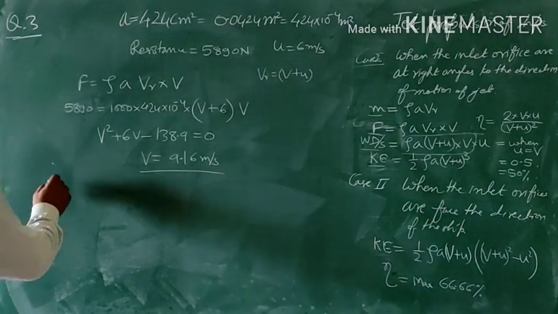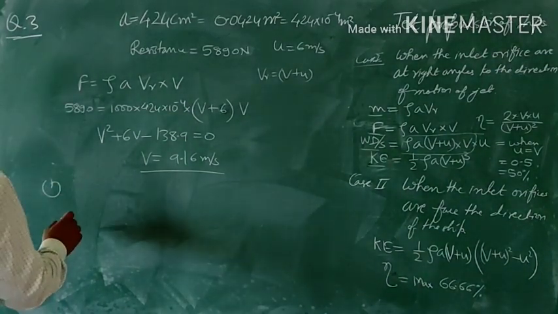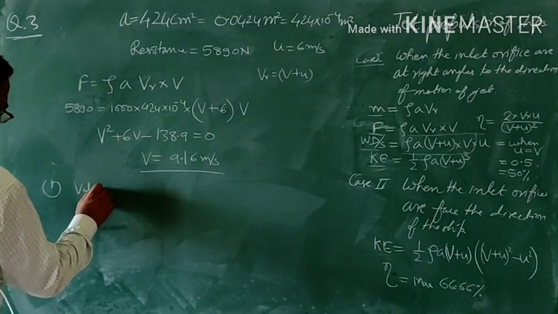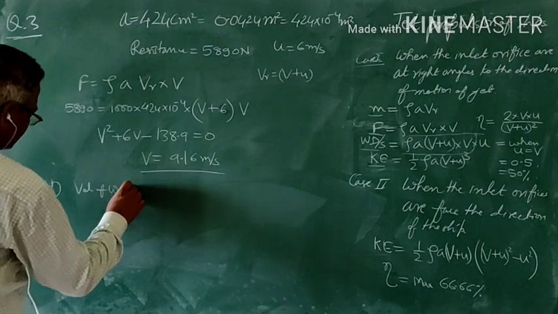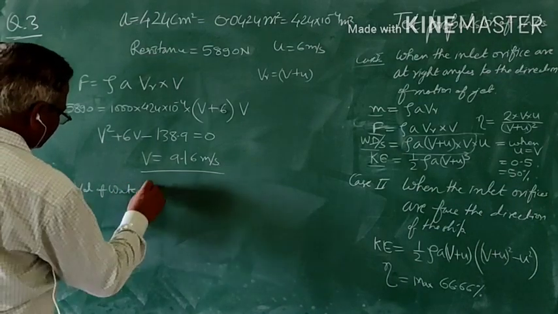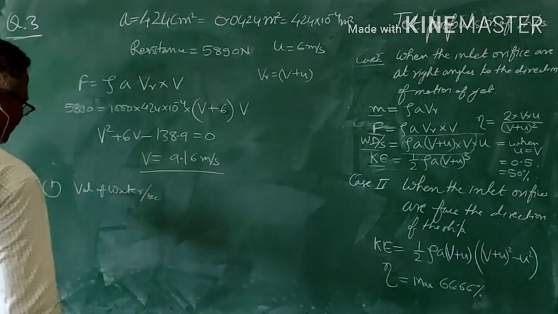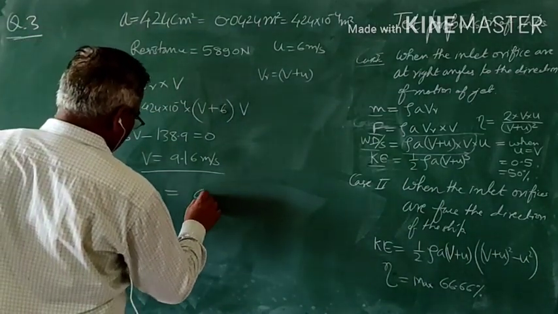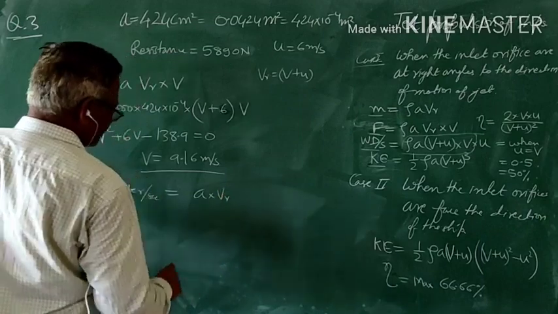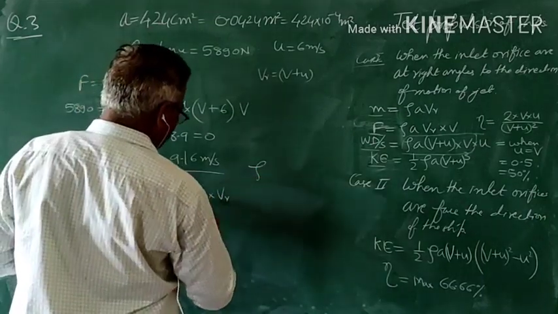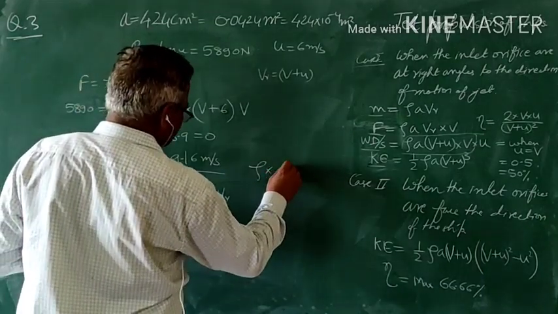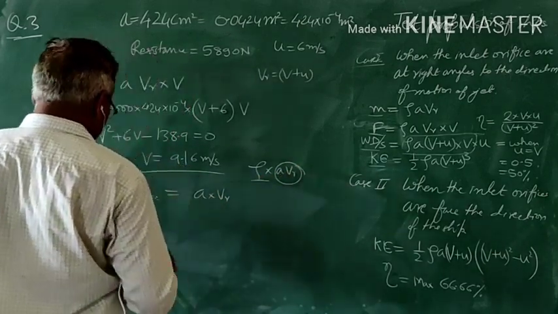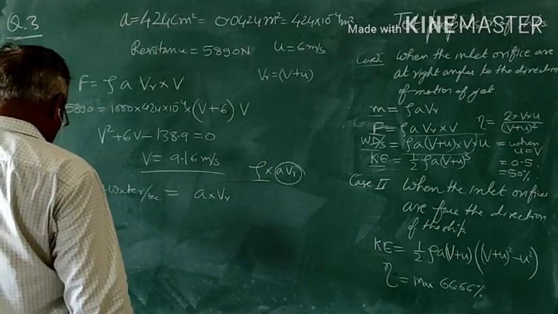So we can find out the volume of water drawn by the pump per second. Volume of water drawn by the pump per second will be equal to A into VR, because when we consider mass, we multiply by this area and the velocity, and the volume is multiplied by the density, but here we are considering only the volume.